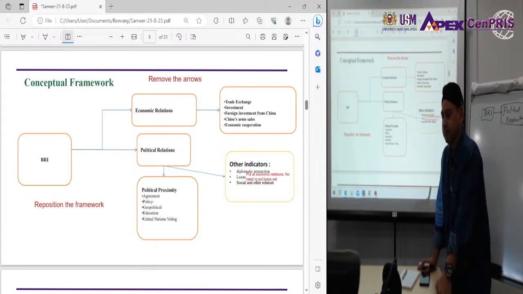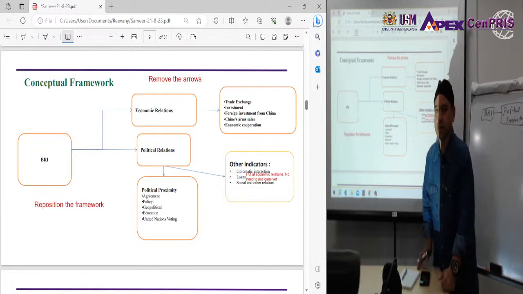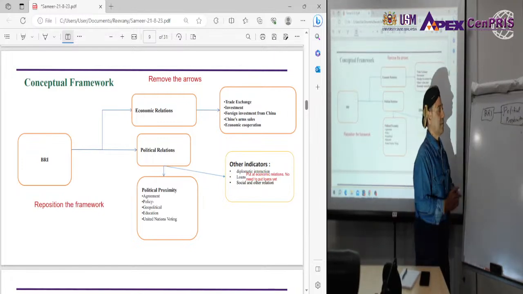Does BRI make the relationship better, faster, or still slow or normal? That's what I need to know. Yeah. Because when we talk about liberalism theory, if there are economic relations, that means there are good political ties. Yes.